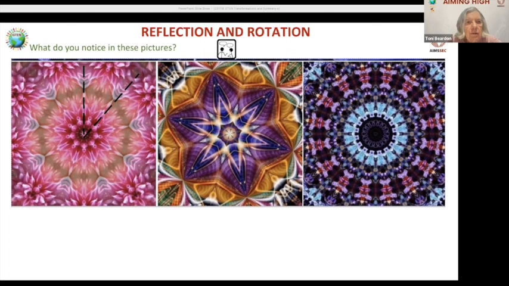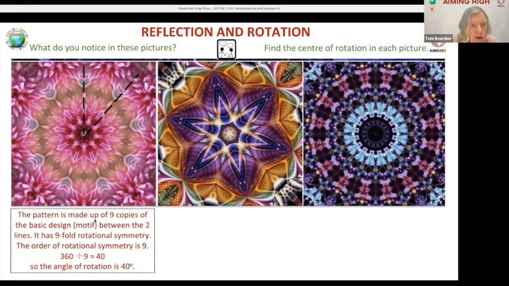Okay, so now if you look at these pictures again, you'll see that in the one on the left there are 9 copies of the basic design, and the position of the mirrors there is given by the 2 dotted lines that I put in the picture. Because 360 divided by 9 is 40, Caroline would have had to set the 2 mirrors at 40 degrees apart to get a picture like that.